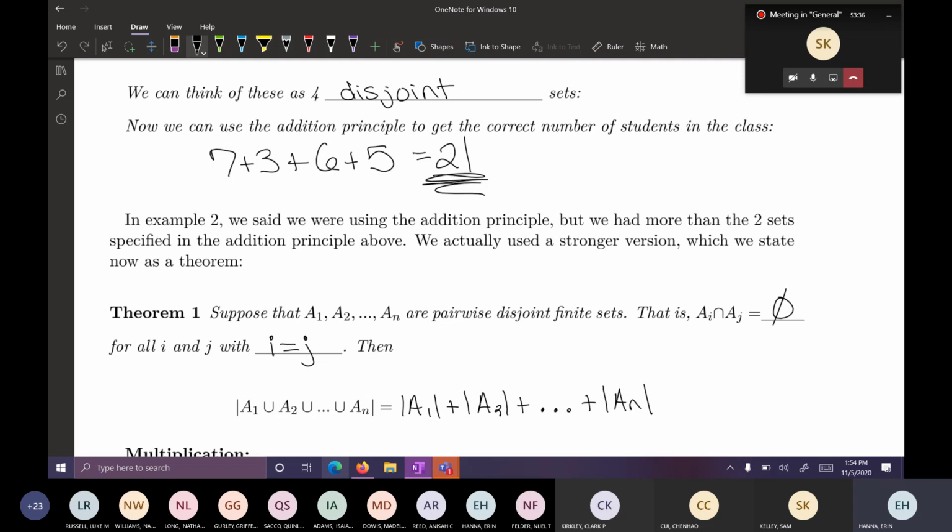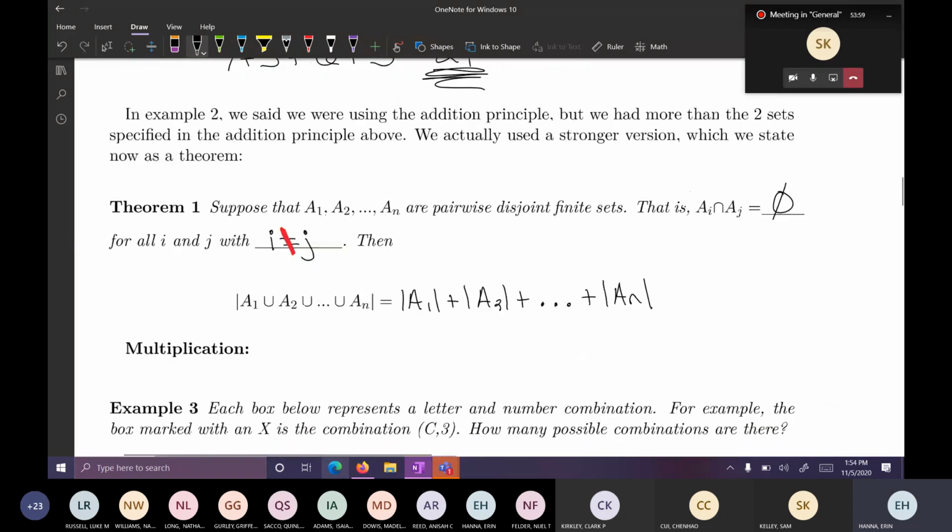So that's what the i equals... Oh crap! Should be i not equal to j. You want to make sure that you don't take the same set and intersect it with itself. Whoops. I was saying it right, but I wrote it down wrong.